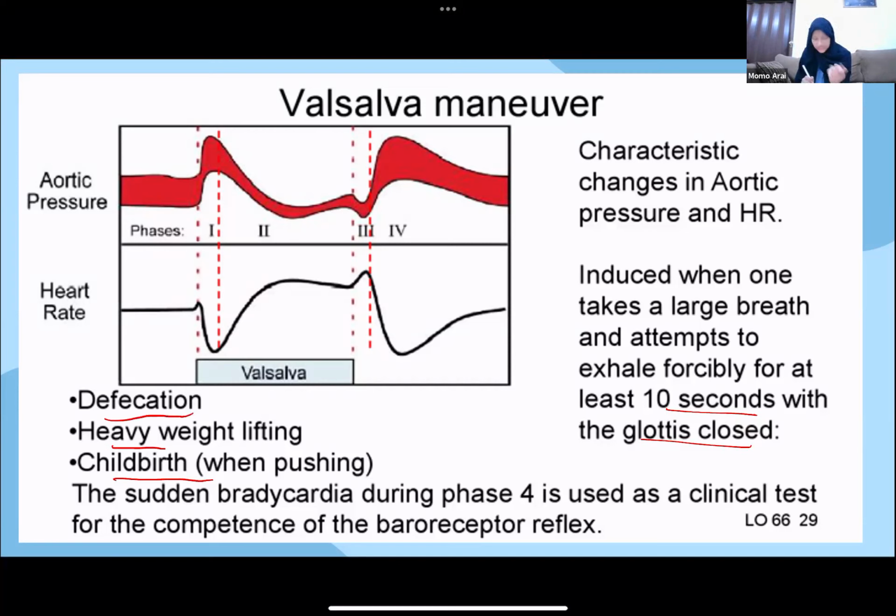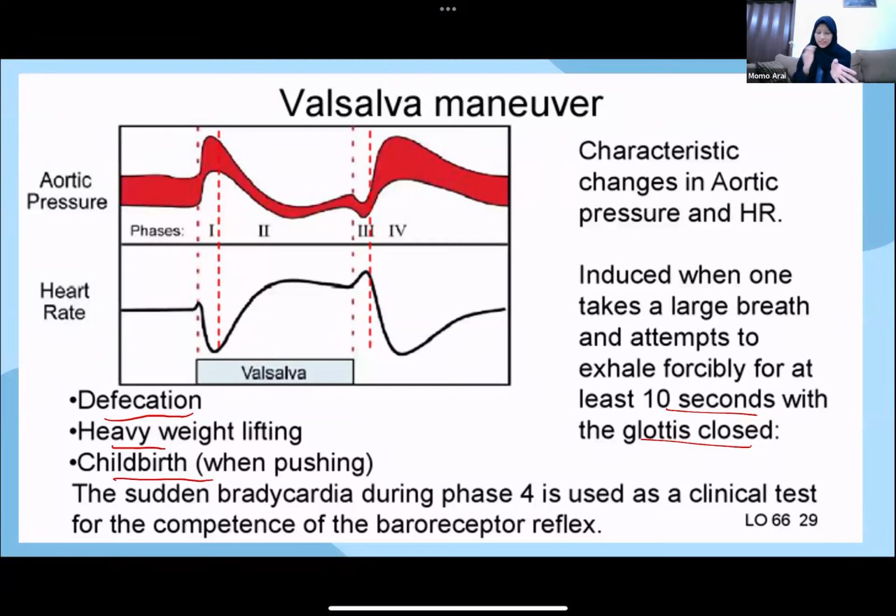And again, same in defecation too. When someone is trying to pass stool, that's what they do. Do you guys get the mechanism in general? Should I move on? Okay, good. So that's the Valsalva maneuver.